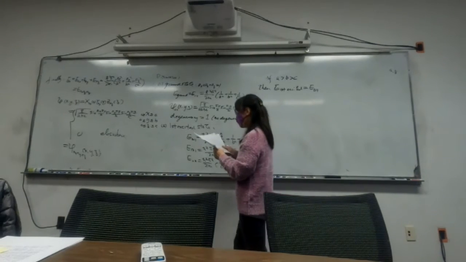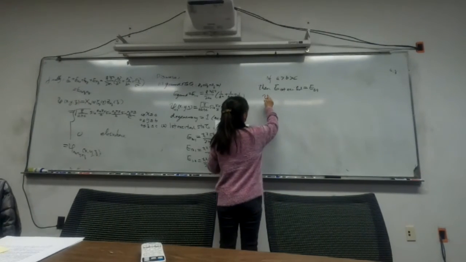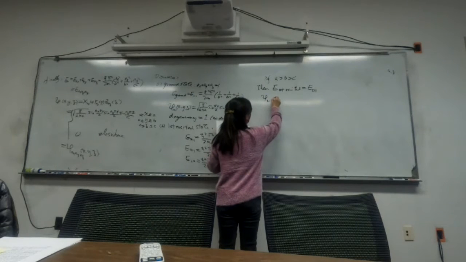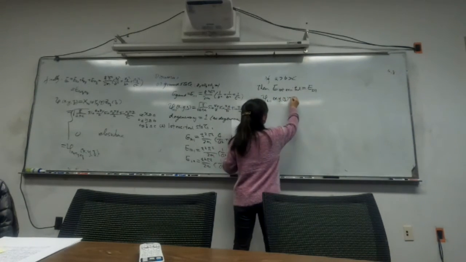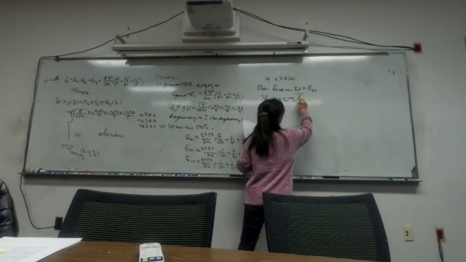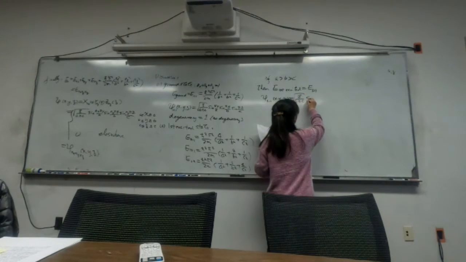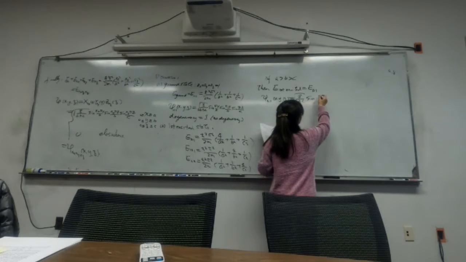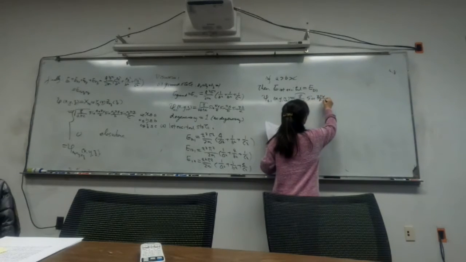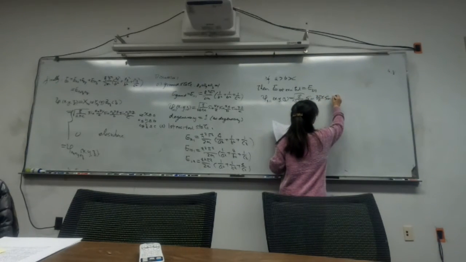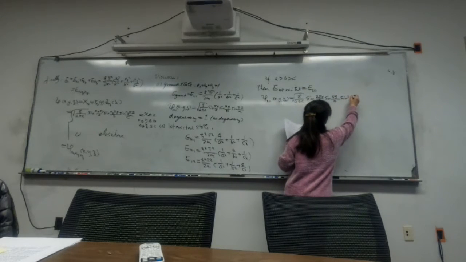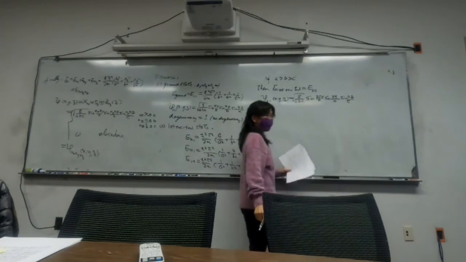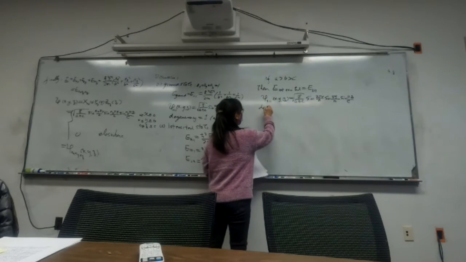Okay. Then once we have this, you can see the state 2, 1, 1 has the wave function where nx is 2, but ny and nz are still 1. Degeneracy?